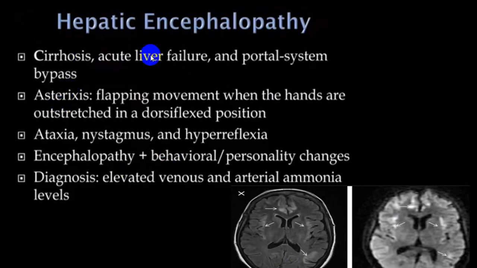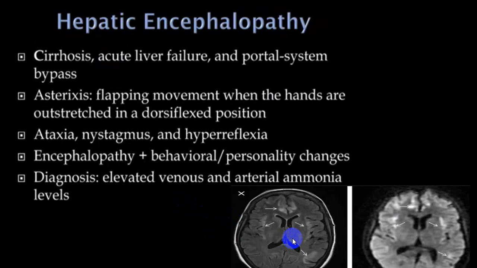So cirrhosis and acute liver failure are among the most common causes, and another is portosystemic shunts, very commonly TIPS, and also what we call portosystemic anastomosis, where the person will very frequently develop asterixis or flapping tremors, which are very common. Ataxia, nystagmus, and hyperreflexia are also common. The person will have altered mental status and altered behavior, and it is diagnosed by an elevated level of ammonia in blood as well as in CSF. So this will be a very easy way of identifying it.